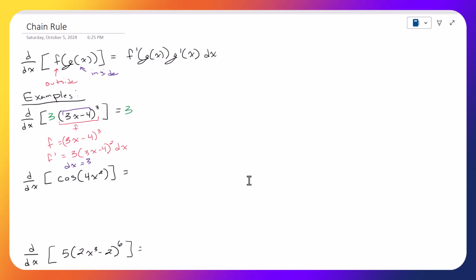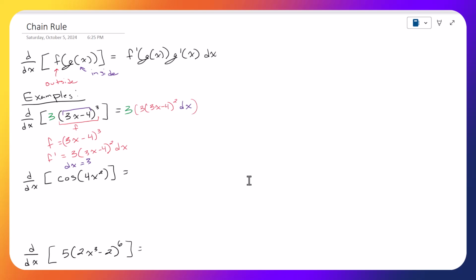It's 3, 3x minus 4 squared dx. Or 3 times 3x minus 4 squared times dx, which is the derivative of our inside function.